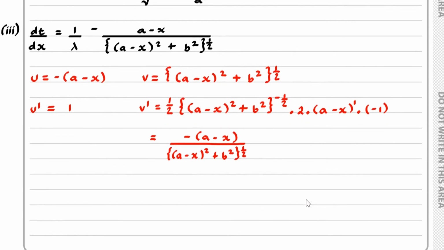So now we can find out what d squared t over dx squared is using the quotient rule.